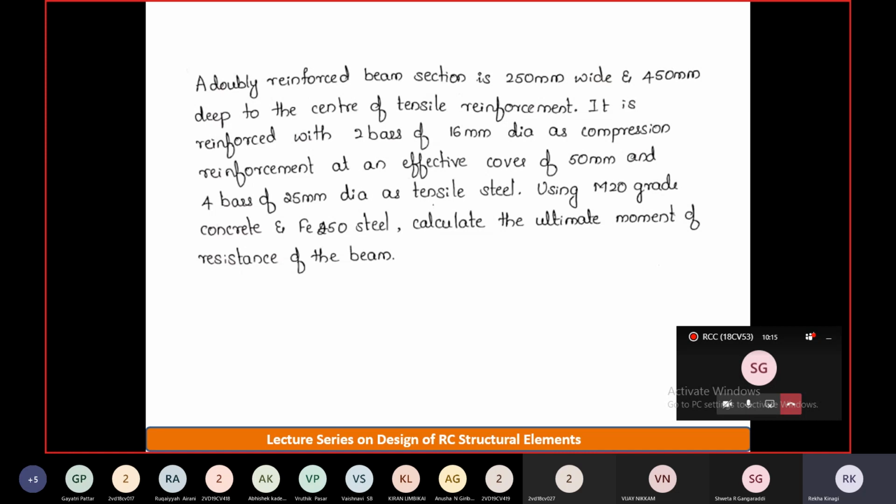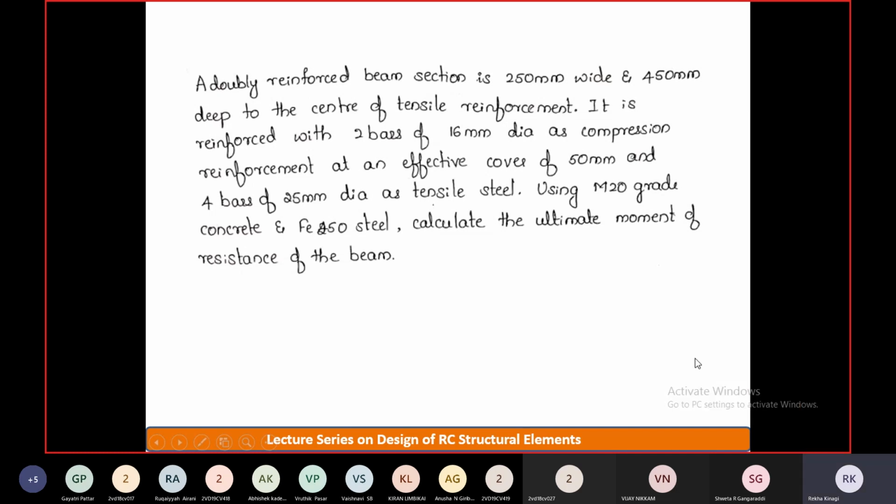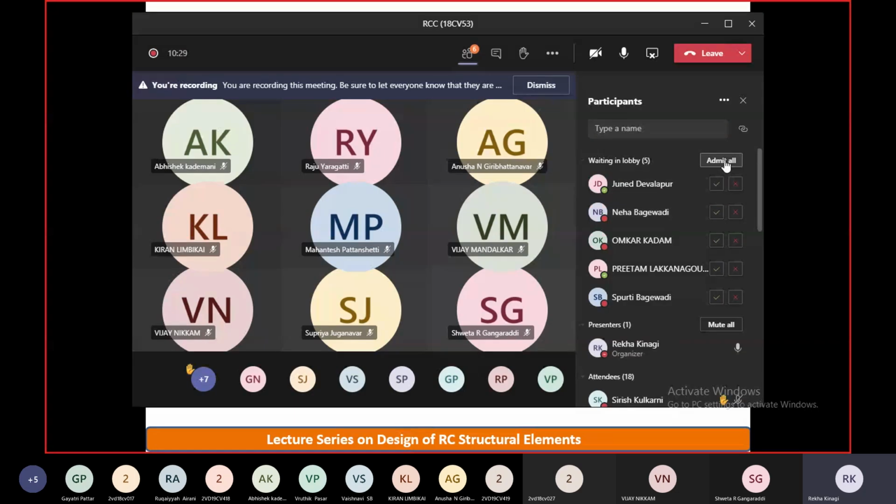So here what you are supposed to calculate is moment of resistance, MR. And the dimensions of the beam are being given.